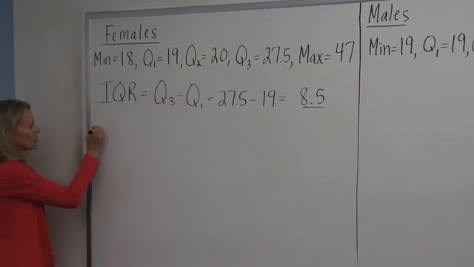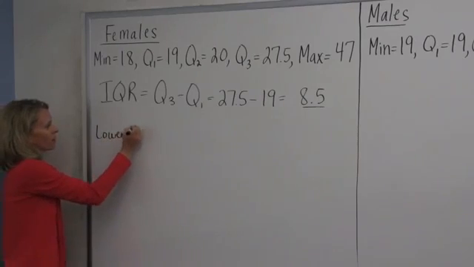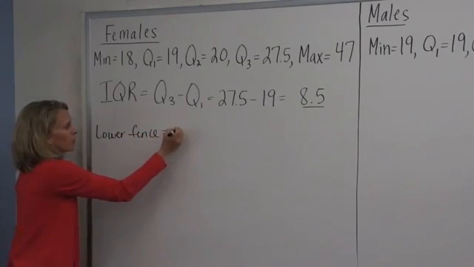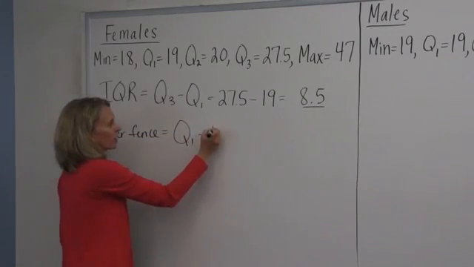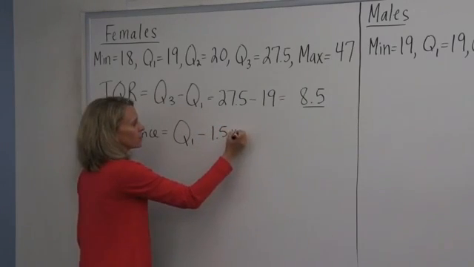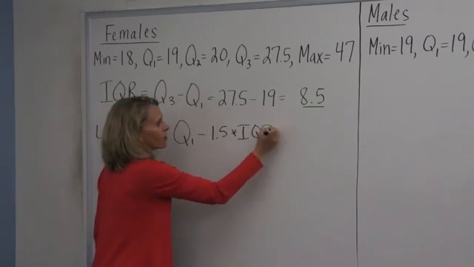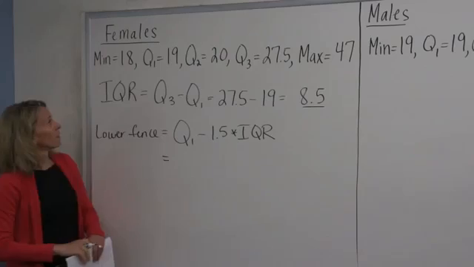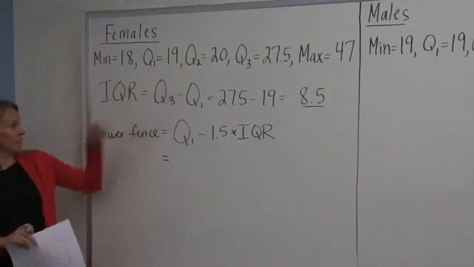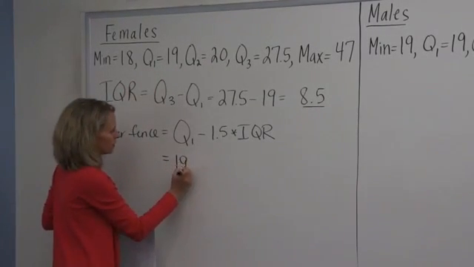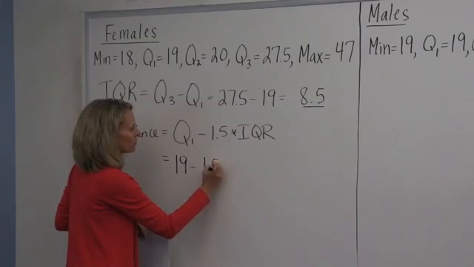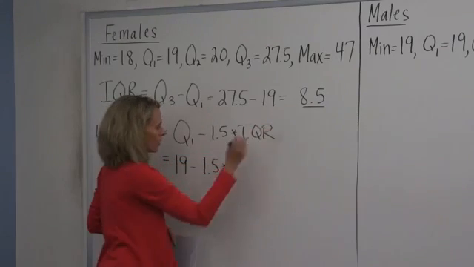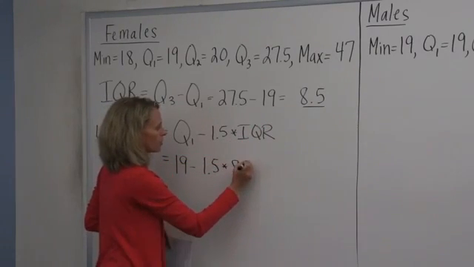And then we can use that to compute the lower fence. We start at Q1 and subtract off 1.5 times the interquartile range. So Q1 is 19, and we subtract off 1.5 times our interquartile range, which was 8.5.